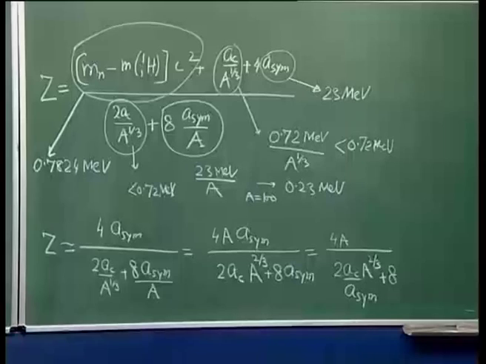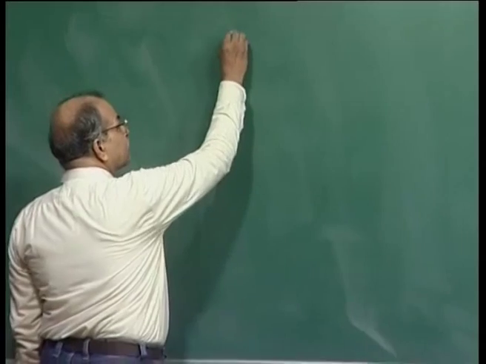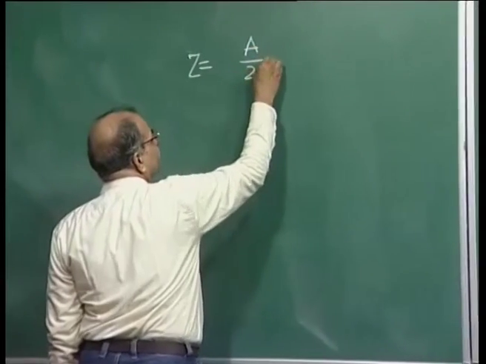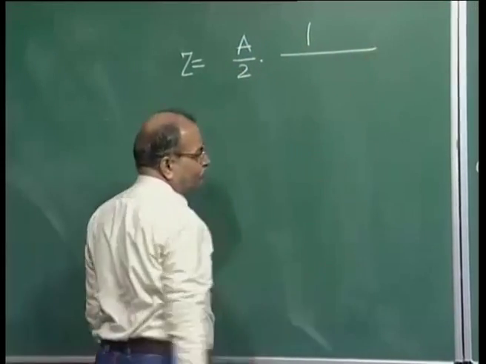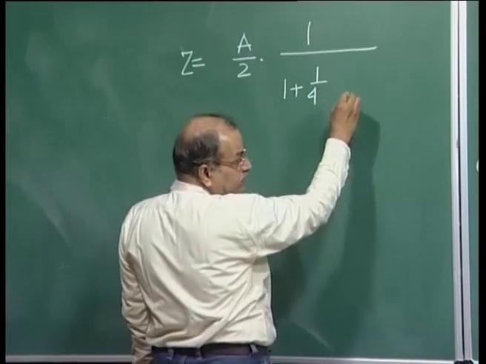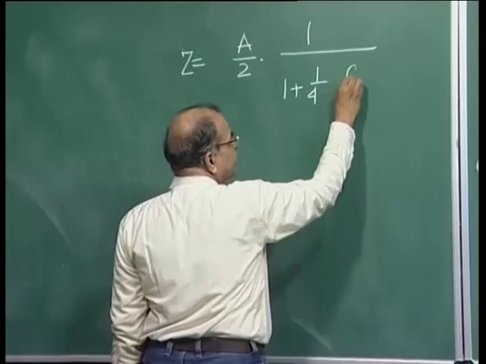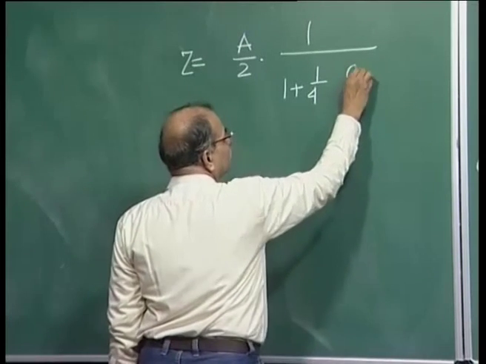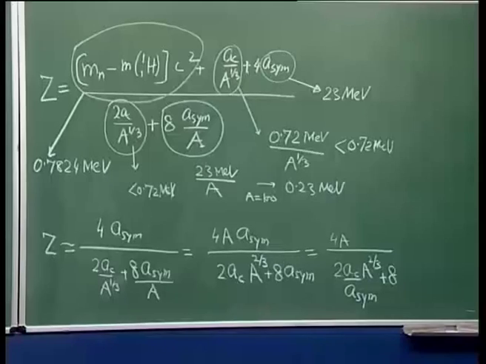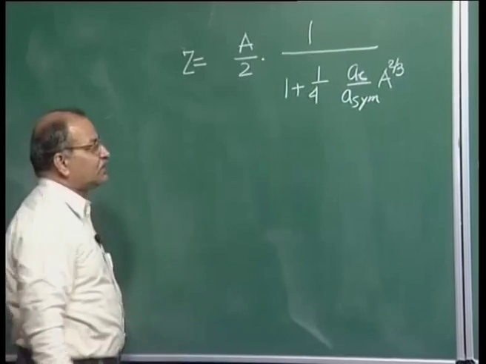So, take that 8 common, then Z becomes capital A by 2 and 1 by 1 plus 1 by 4 AC by A power 1 by 3 AC over asymmetric and then A power 2 by 3. Okay. So, let us put values of AC and asymmetric also.